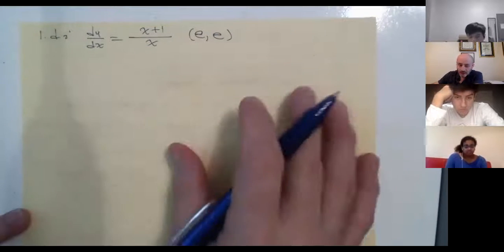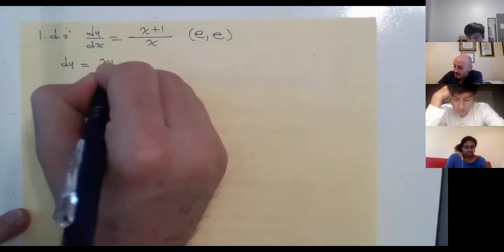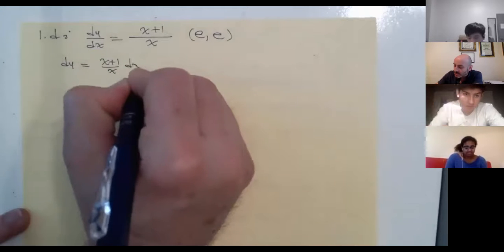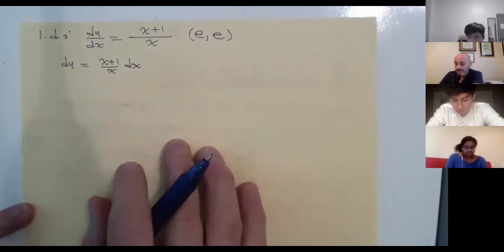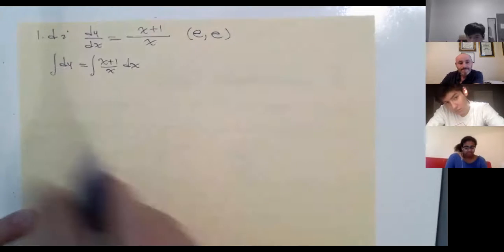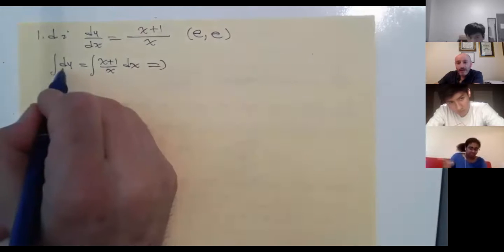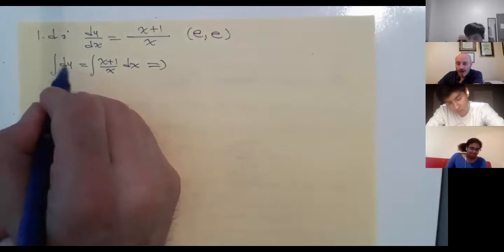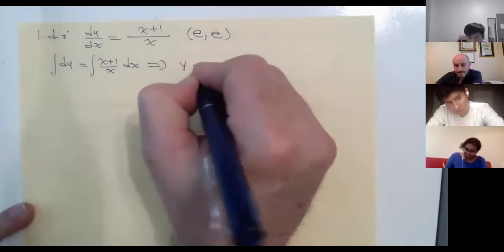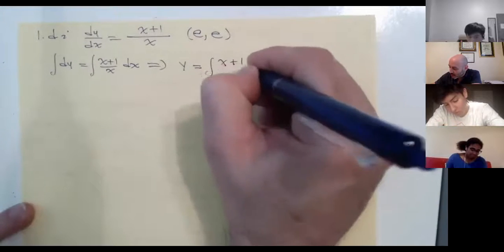So we start as we did before. Separate the variables. dy equals x plus 1 over x dx. Once we separate them, we integrate, right? The antiderivative of dy is just y. And this, that's what we're going to play with.